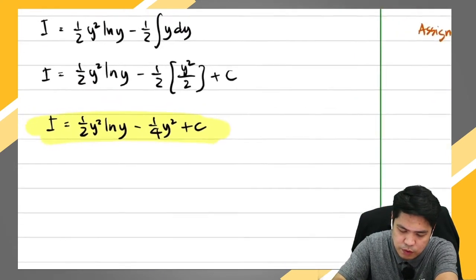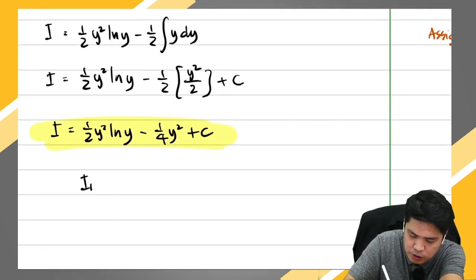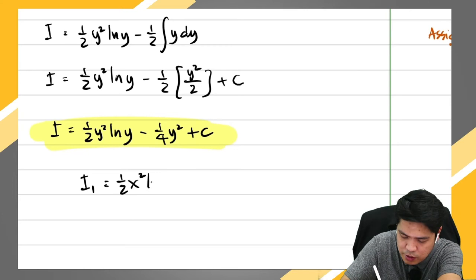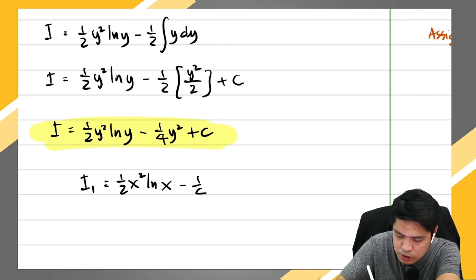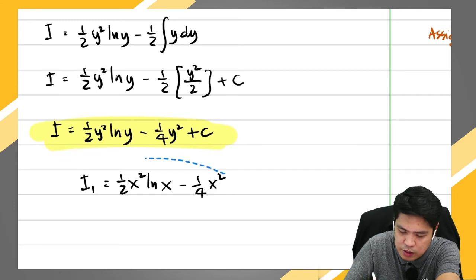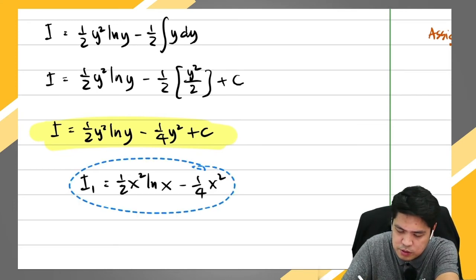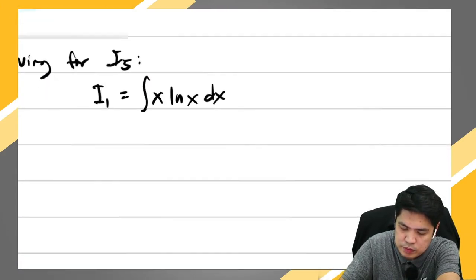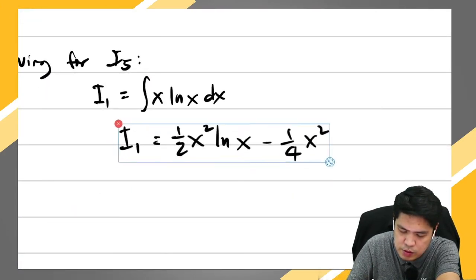So therefore, I sub 1, kopyahin ko na lang muna dito. So I sub 1 is equal to 1/2 x squared ln x minus 1/4 x squared. Okay, so this is our I sub 1.